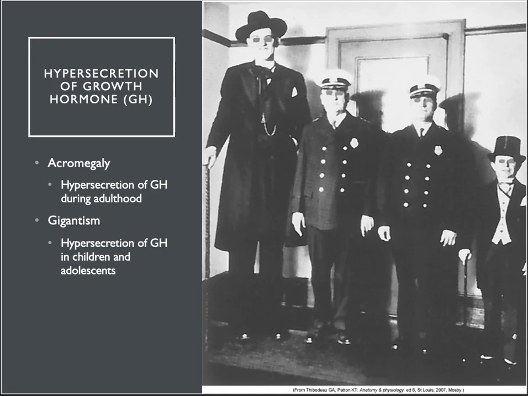So here's an example of hyperpituitarism, and this one is actually the hypersecretion of growth hormone. So specifically, when growth hormone is hypersecreted during childhood and adolescence, then we get a syndrome called gigantism. Because those kids are still growing, okay? The long bones haven't fused, and so their bones will still grow. Their legs will be longer, their arms will be longer. This is gigantism, okay?